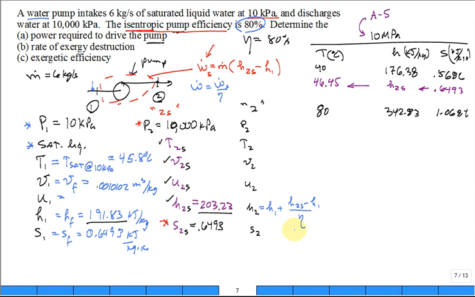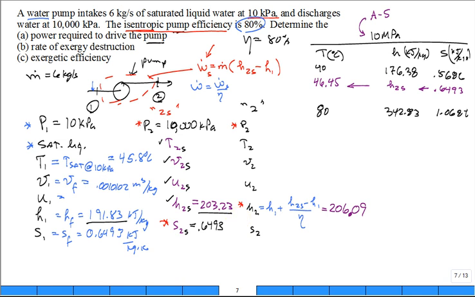So the actual enthalpy will be greater than the isentropic enthalpy. And when you crunch that number, we find that H2 actually comes in at 206.09. So that's the actual enthalpy. So the actual state is given by P2 and H2, the actual exit state of the water from the pump. All right?